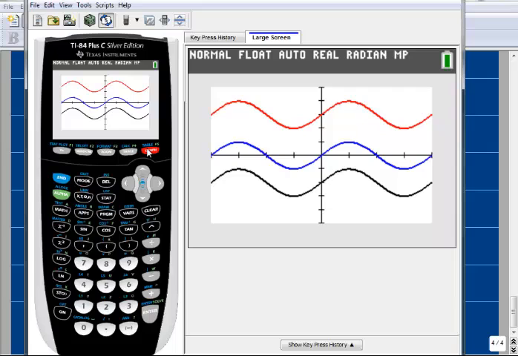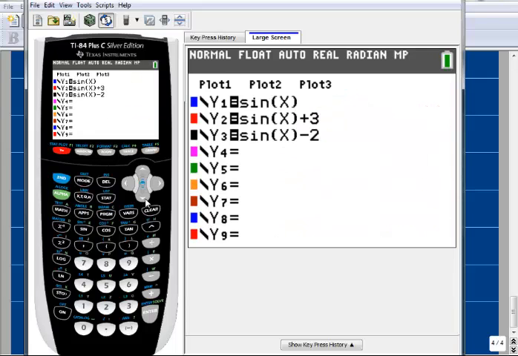That's fairly straightforward. Now let's take a look at what happens if we add or subtract something from the argument of the sine function, the input. When I say input, I mean x. This time my red graph is going to represent the sine of x minus a multiple of pi.